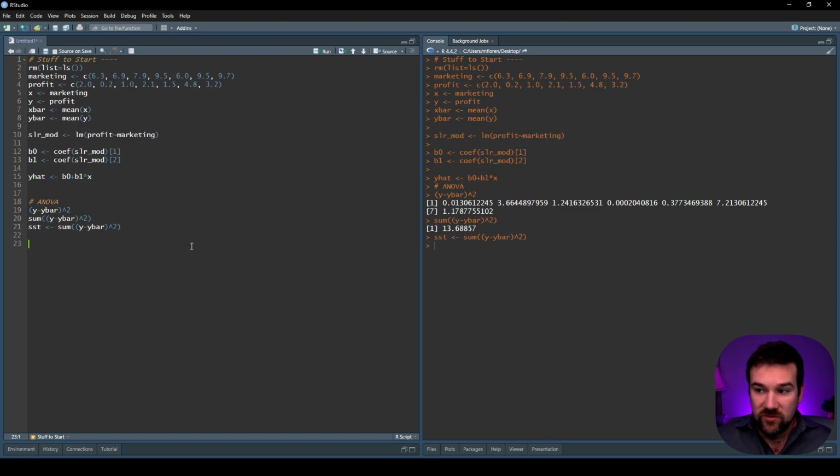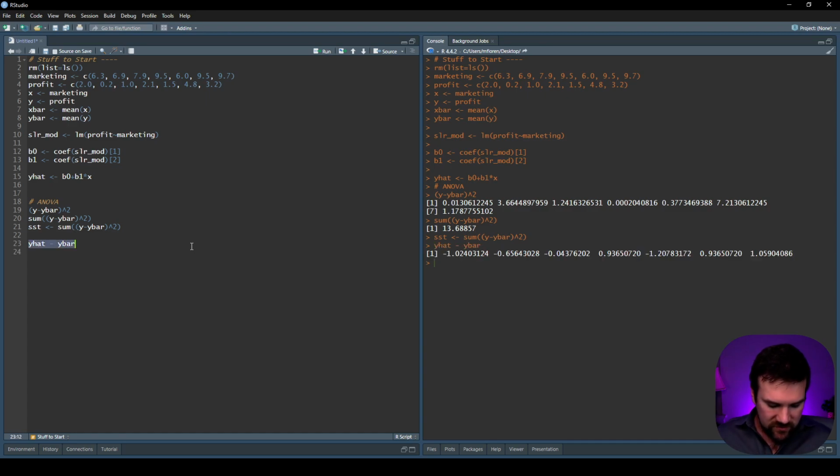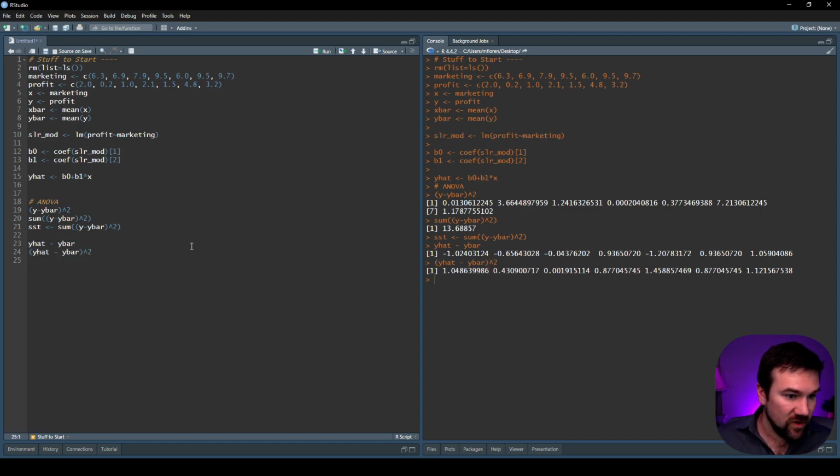The sum of squares regression was very similar. We took Y hat minus Y bar, all these values, wrap them in parentheses, raise it to the second power, and then add it all up. And that is my sum of squares for regression.